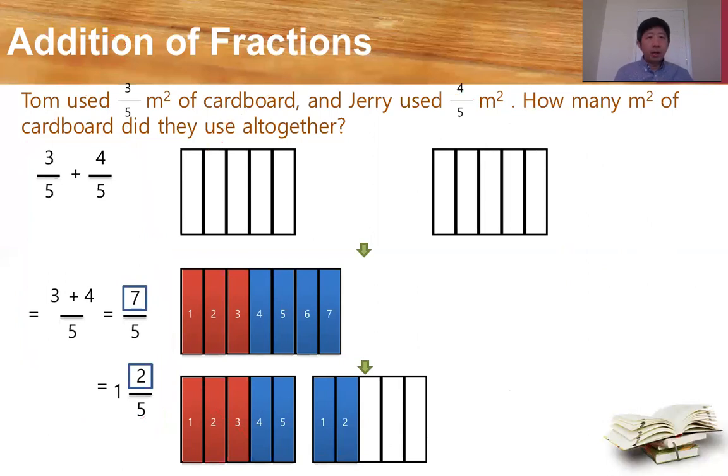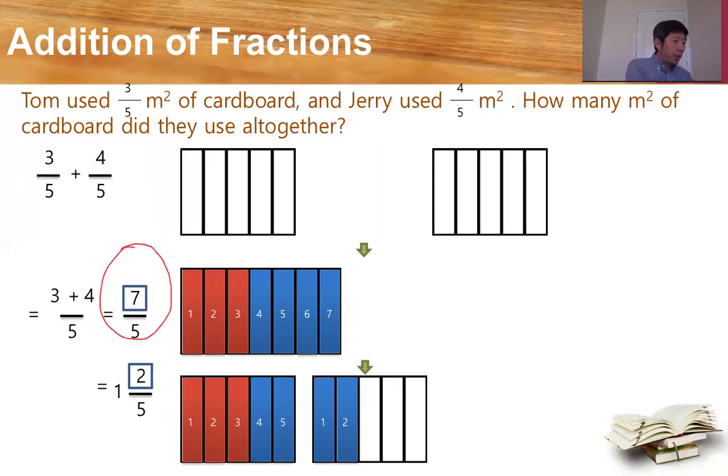So now you take 3/5 plus 4/5 of cardboard added together, and procedurally, we just add the top, which is 3 plus 4, which is 7. Now 7/5 actually is an improper fraction, so we change this into a mixed number.